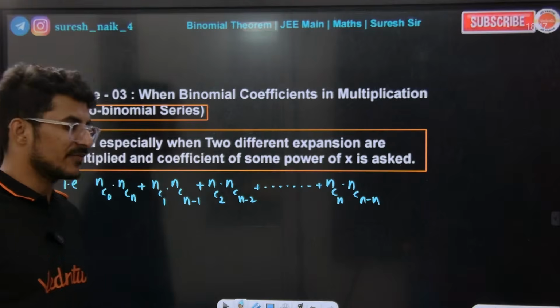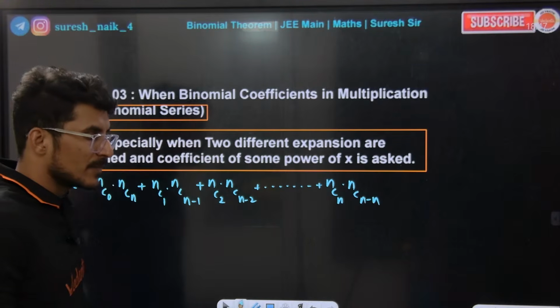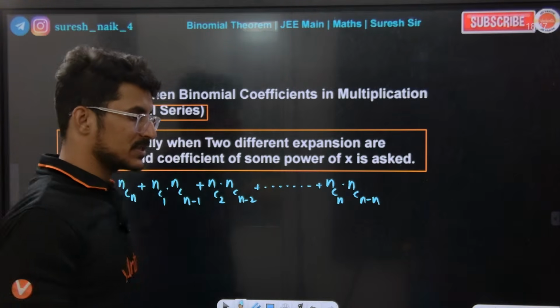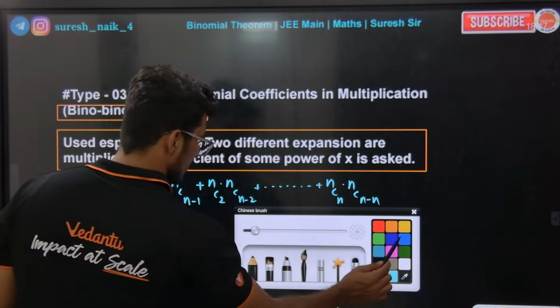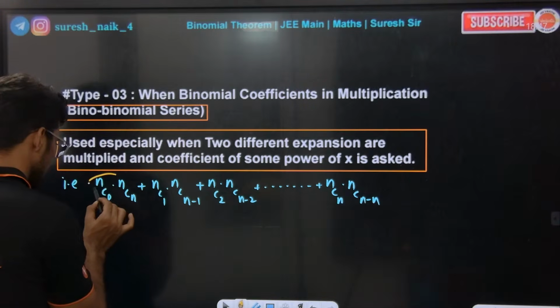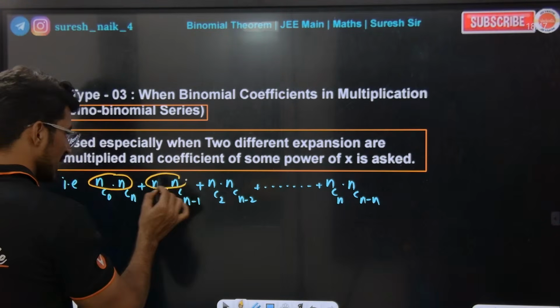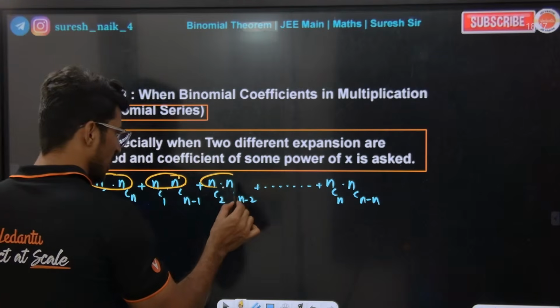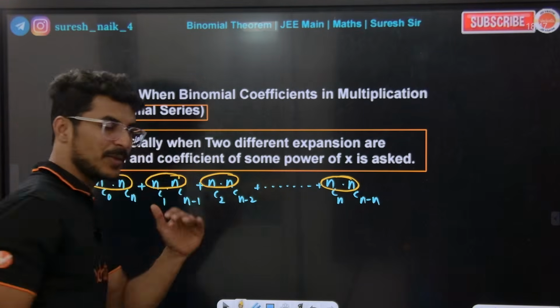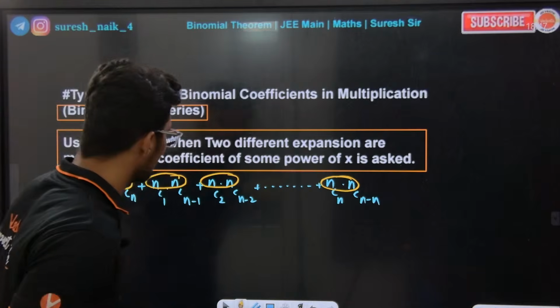Guys, sum of upper suffixes and lower suffixes. Sum of upper suffixes: adding these gives 2n.